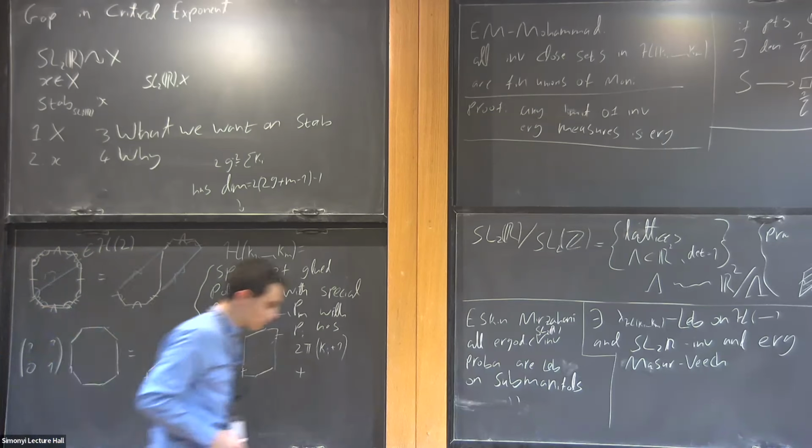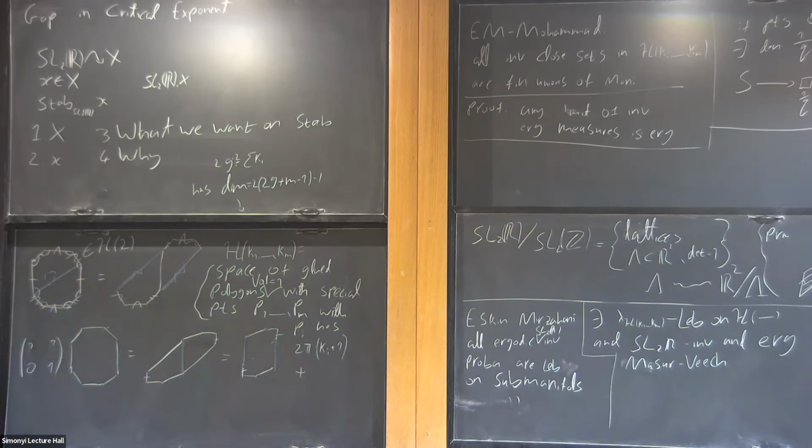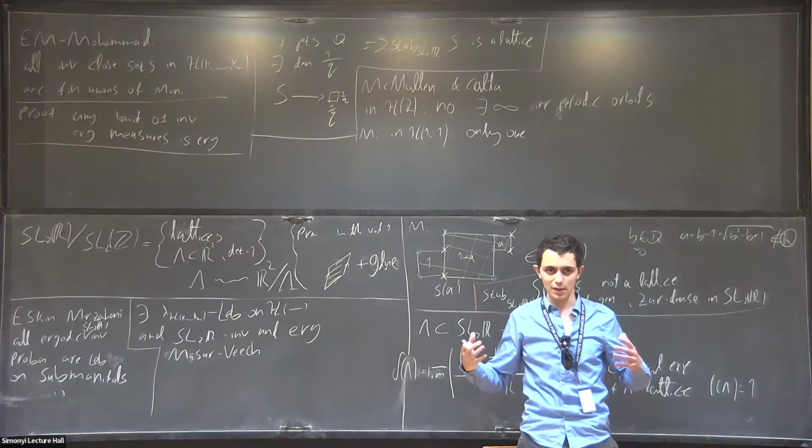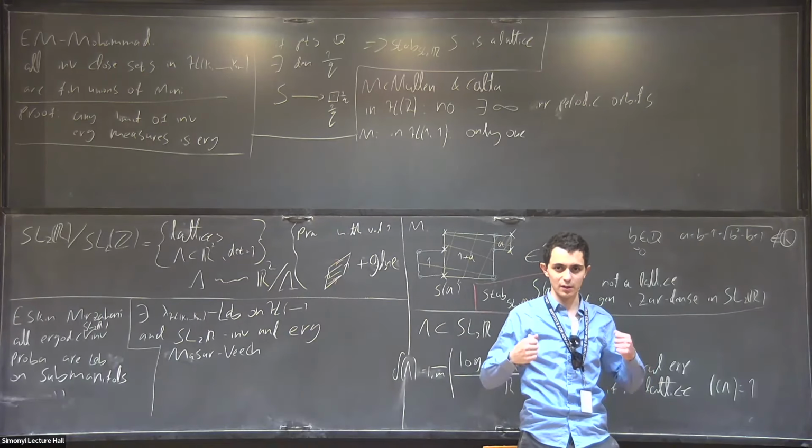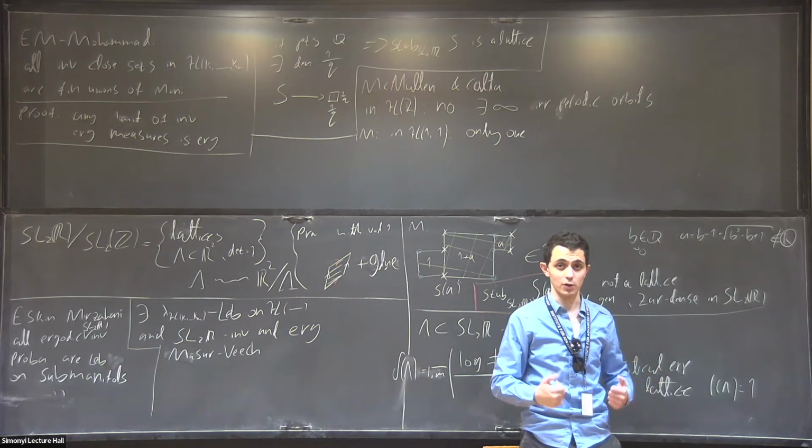So to use the rationality, I want to tell you that a certain group has larger rank than 2. That would be my irrationality criterion.